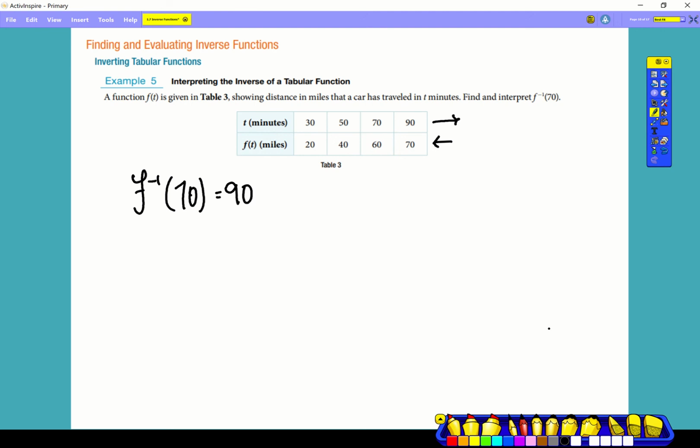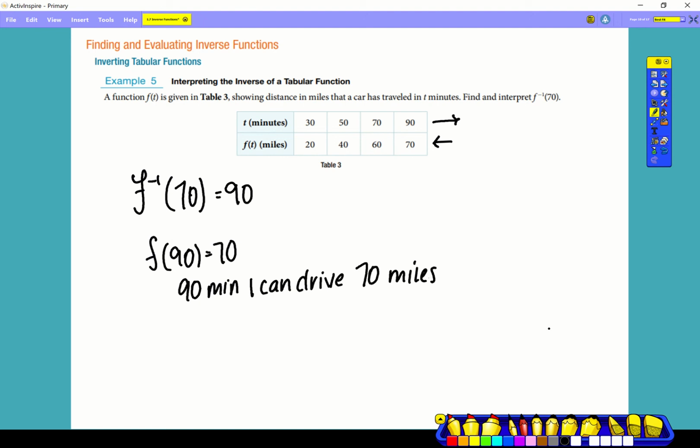Pretty simple. What this says is that, if f of 90 equals 70, so if in 90 minutes I can drive 70 miles, then what this one says is, it's got to be backwards.